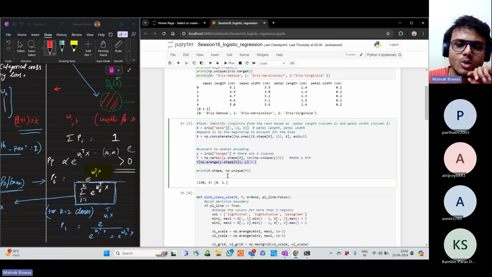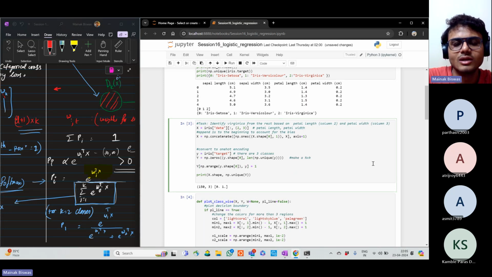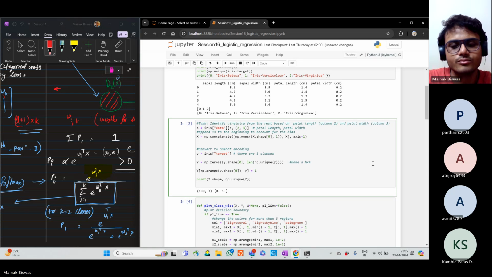How do I make a one-hot encoding? What are the values of y? Y can be 0, 1, or 2, right? Let us print y and show you.